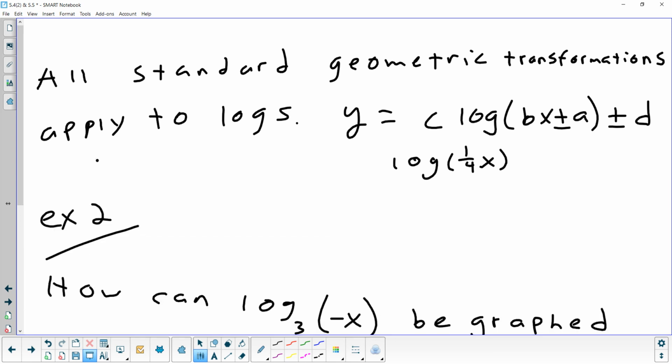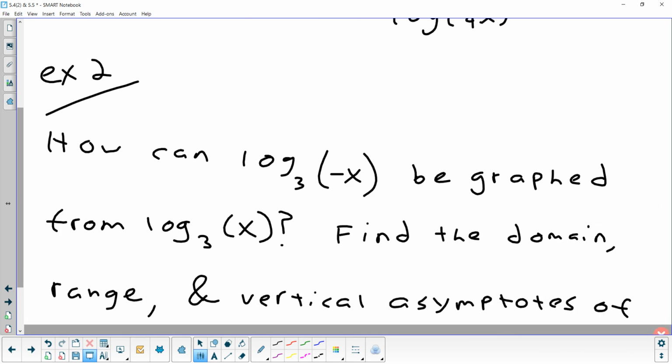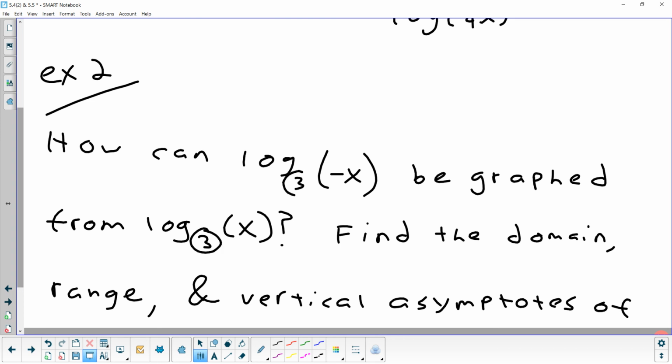All right, so let's see how we could get the graph of log base 3 of negative x from the graph of log base 3 of x. The bases have to match. That's always the comparison between logs with the same base.